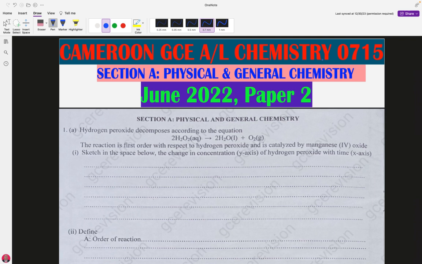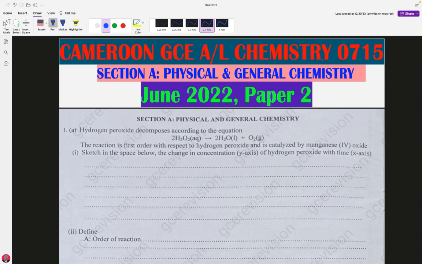Now is on 1A. Hydrogen peroxide decomposes according to the equation. The equation is given there: 2 moles of hydrogen peroxide in aqueous solution decomposed to 2 moles of water and oxygen.